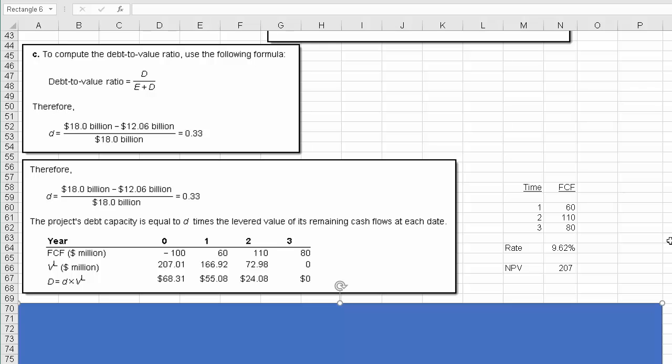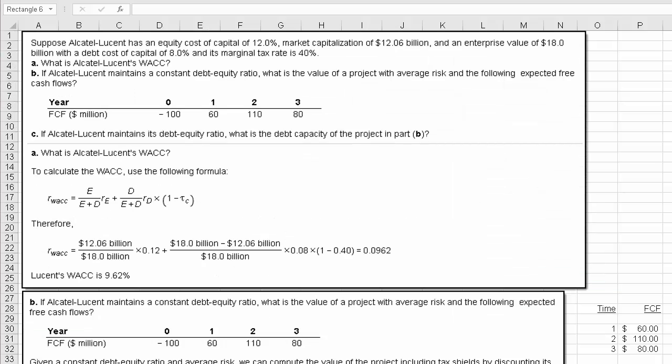All right, now we have part C. Okay, now I slid up just for a moment so you can see what Part C was asking. Part C said, if Alcatel-Lucent maintains its debt-equity ratio, what is the debt capacity of the project in Part B? Okay, so we're going to just continue to work this.